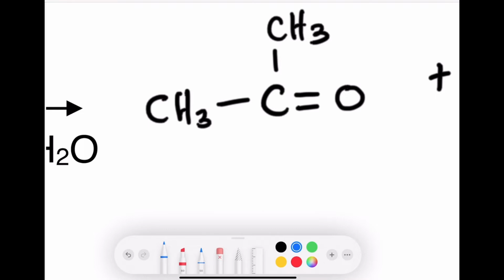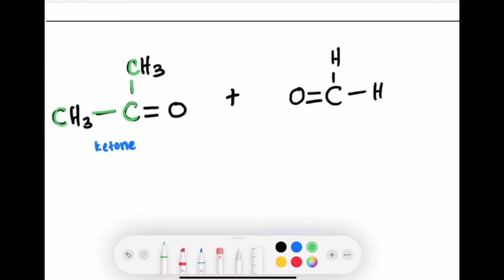This is ketone, because if you see, this C is connected to C and another C, so it is ketone.